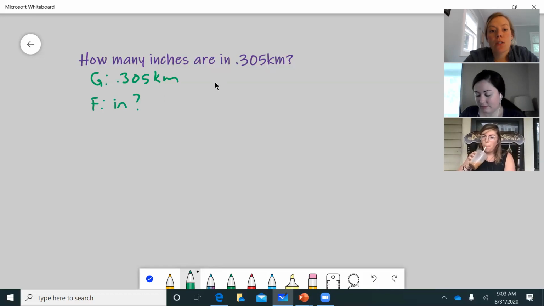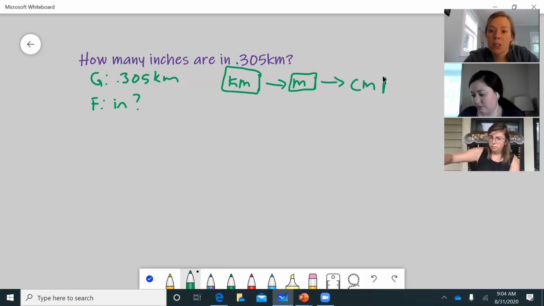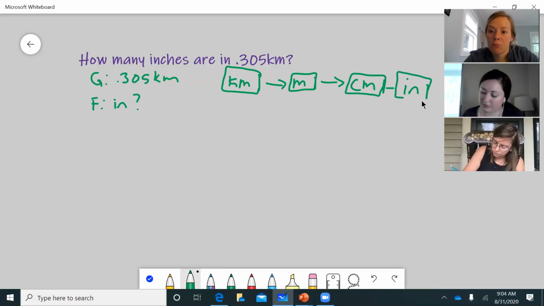I'm going to set it up the way I would go about it: kilometer to meter, meter to centimeter, centimeter to inch. Anyone solve it that way?